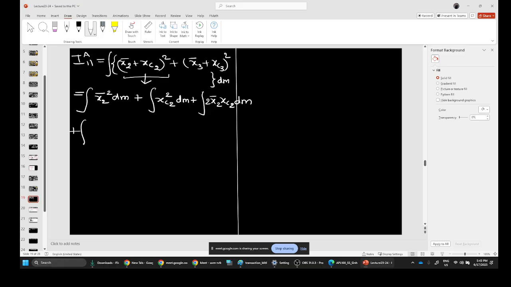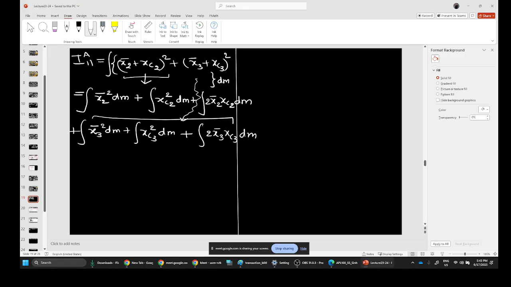And then three more terms, that would be x3 bar square dm, xc3 square dm plus 2 x3 bar xc3 dm. I'm going to club various terms under different groups. I'm going to take these terms and put them together.